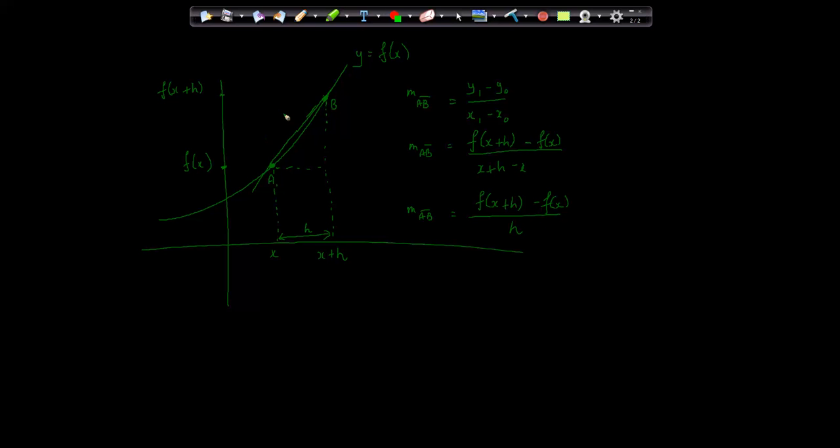Now what we did, if you can remember back to that GeoGebra video, was we made B come closer and closer and closer to A, and we zoomed in and in and in until we were so far zoomed in we saw that this line and this curve essentially had the same slope at point A, but only when we had zoomed in considerably. And when we zoom in considerably, this distance h is becoming smaller and smaller.